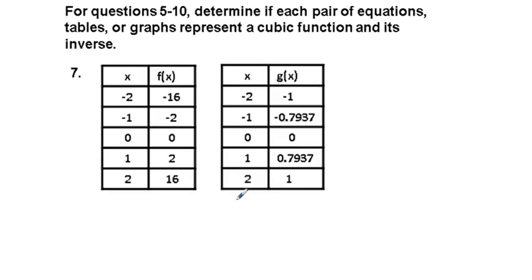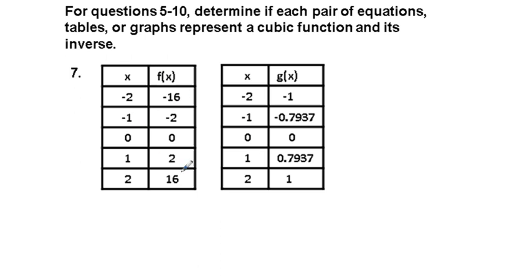Now we get to 7, which is a table view. Determine if each pair of equations, tables, or graphs represents a cubic function and its inverse. And so we have f of x and g of x. What we're looking for is x's and y's switch. Well, we can see that not all the numbers are represented in each.